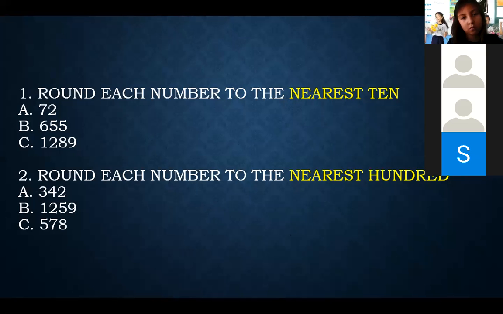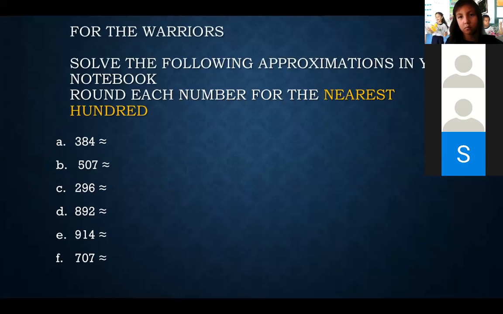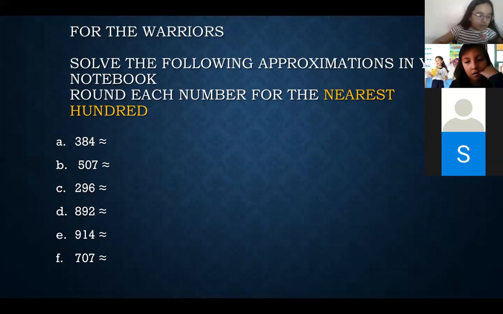I'm going to send the PowerPoint, not right now. I'm going to send it by CNET and for your MCS Lima. And right here for the warriors, let's see which ones are. It says solve the following approximations in your notebook. Round each number to the nearest 100. This is an exercise that you need to do in your notebook.